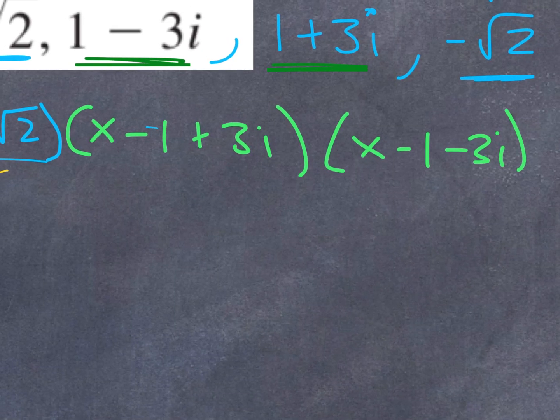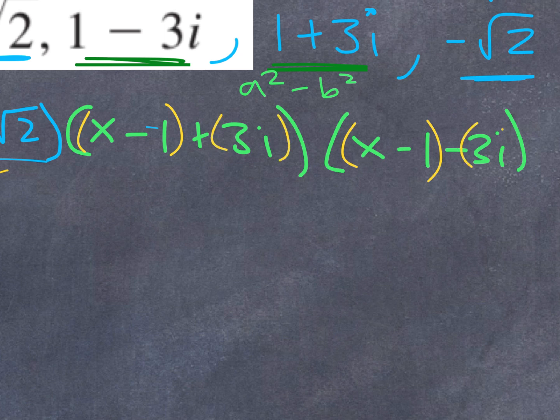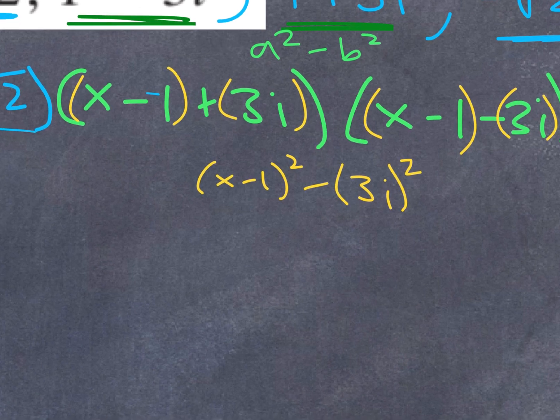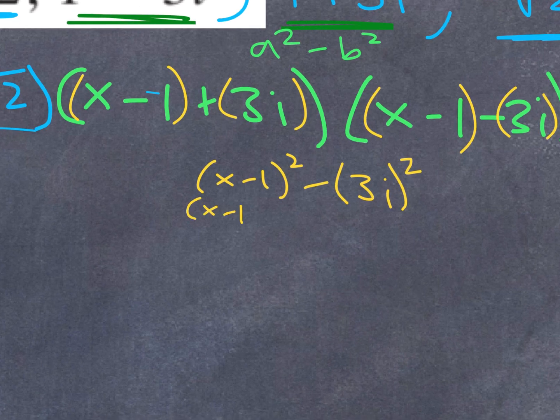So again, I'm going to use my conjugate shortcut, a squared minus b squared. What's our a here? X minus 1. And what's our b? 3i. So we have x minus 1 squared minus 3i squared. So x minus 1, we have to FOIL it out. It's like saying x minus 1 times x minus 1.